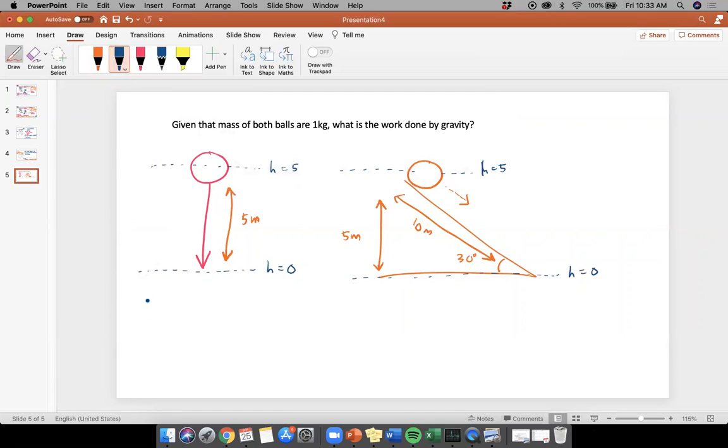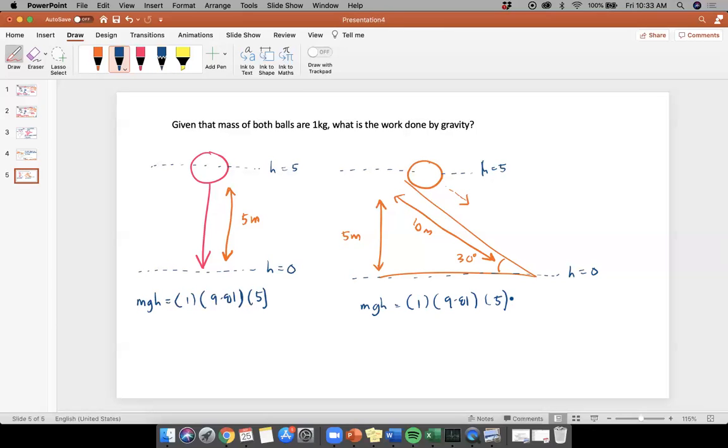Okay, gravitational potential energy. So mgh, let's try that. mgh is 1 times 9.81 times 5, and this guy should also be the same: 1 times 9.81 times 5.